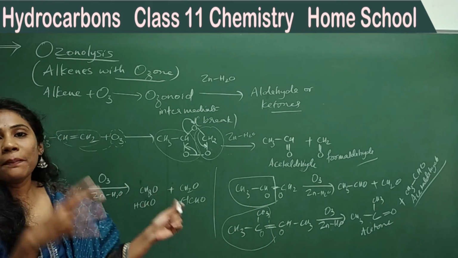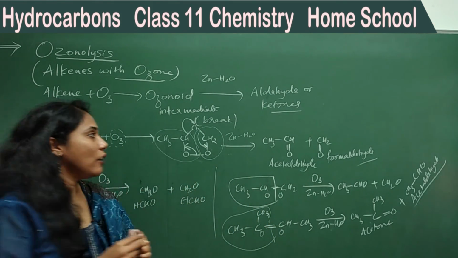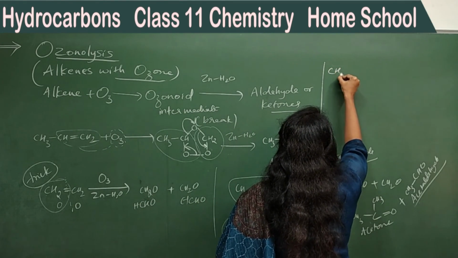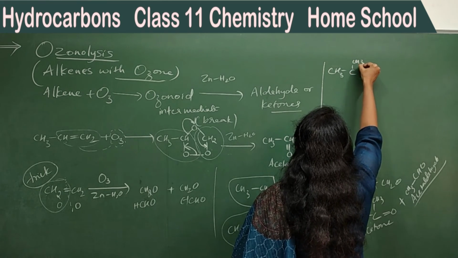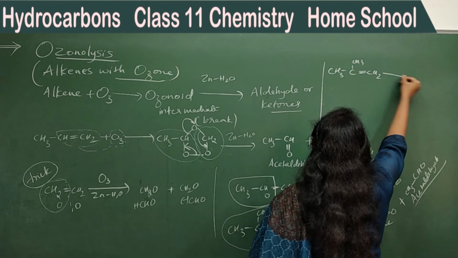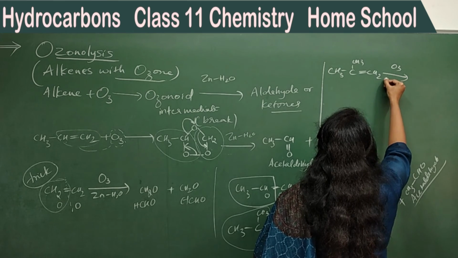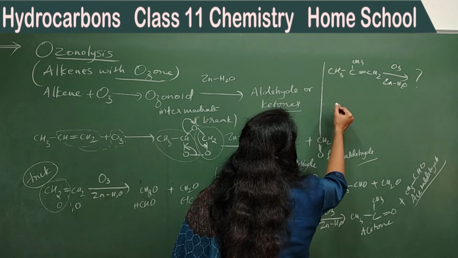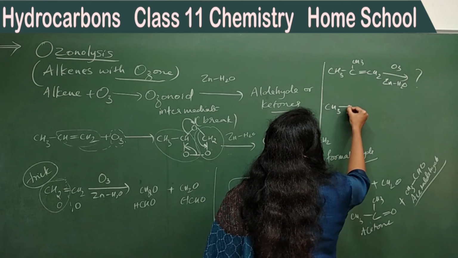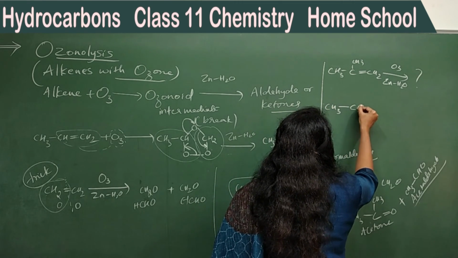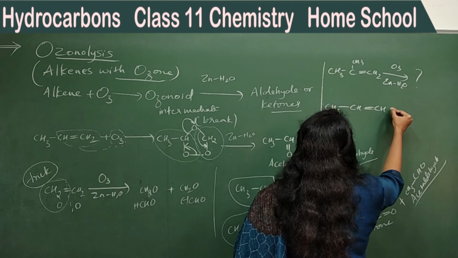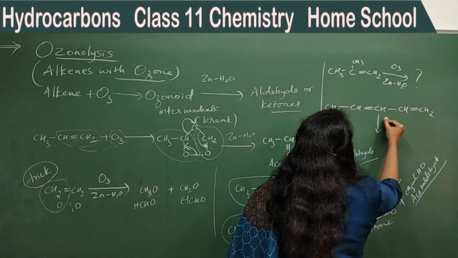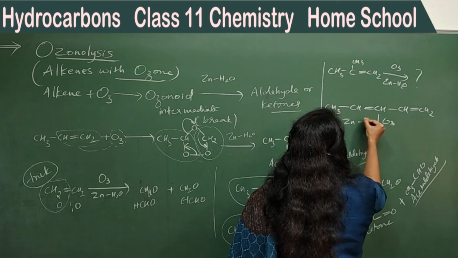And I'll give you some questions. Try to work it out. See here, I'll be giving you a few questions. Question 1: CH3, CH3 double bond CH2O, ozone, zinc water. What is the product? The other one, CH3, CH double bond CH double bond CH2. Ozonolysis with zinc water.